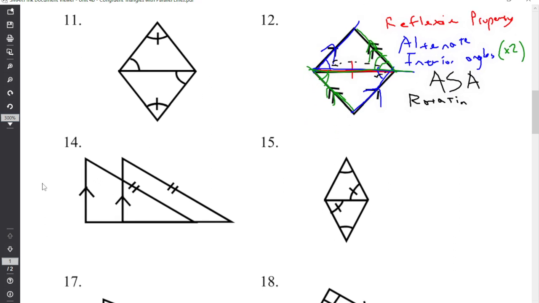All right. Last one we're going to do together. I'm going to pause for 30 seconds and let you try number 14. But if you have questions on 12, feel free to ask those too. That one was a lot. So there should be some angles that we're going to be able to get.